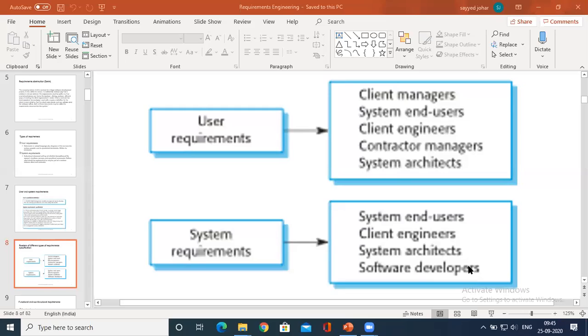He simply satisfies that particular requirement. He is no more concerned with the concepts of user requirement. Whereas if you look at system architects, their role is involved in both user requirement and system requirement.